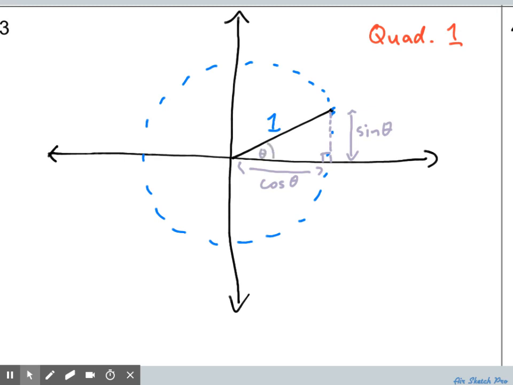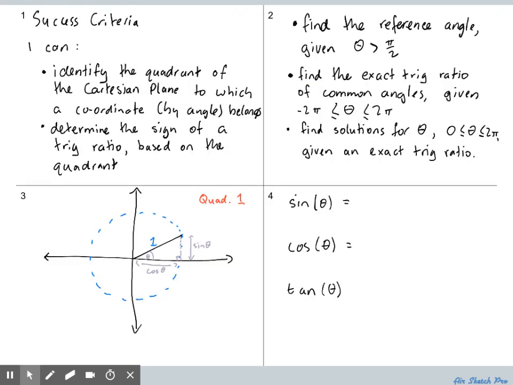Okay, now that's not self-explanatory in itself, but I did explain it last unit. Does anyone need me to go through that in more detail? So cos theta is the x distance, sine theta is the y distance. And so we have sine of theta being the y coordinate, cos of theta being the x coordinate.